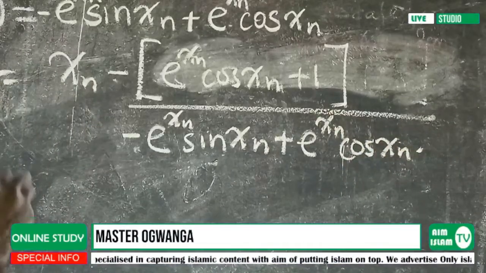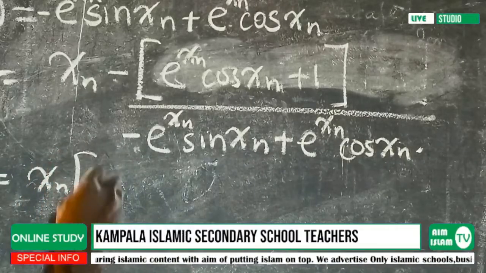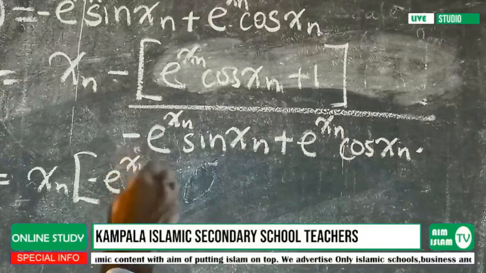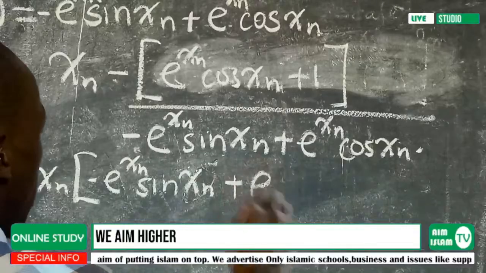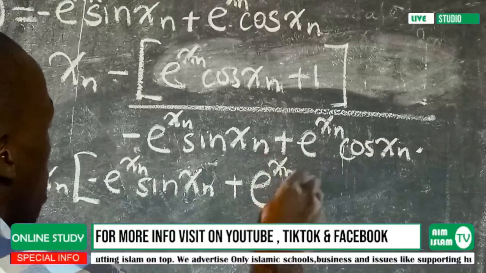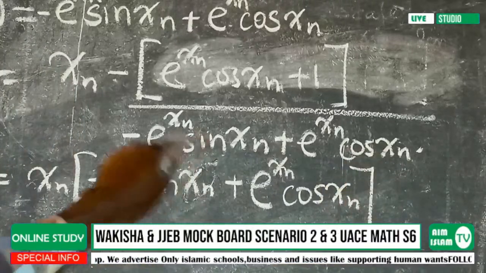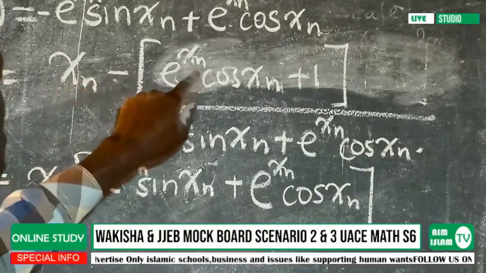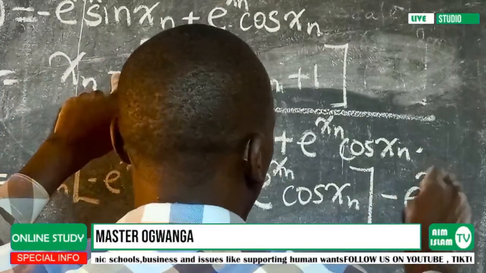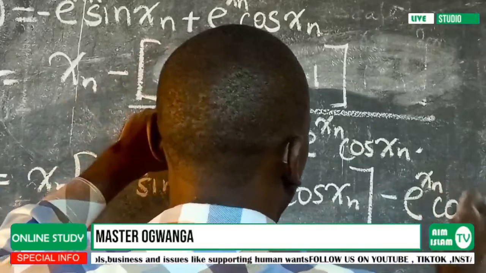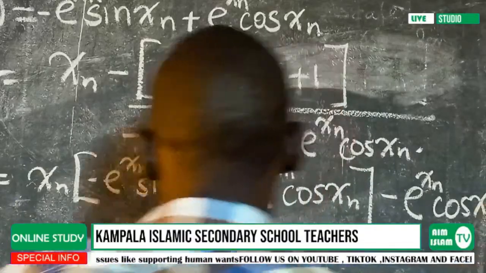We can summarize this as x n, that's if I cross multiply, being negative sine x n plus the exponential x n cos x n. Then after multiplying this, I'm going to open this bracket with a negative, meaning this will be negative exponential x n cos x n and then minus 1.